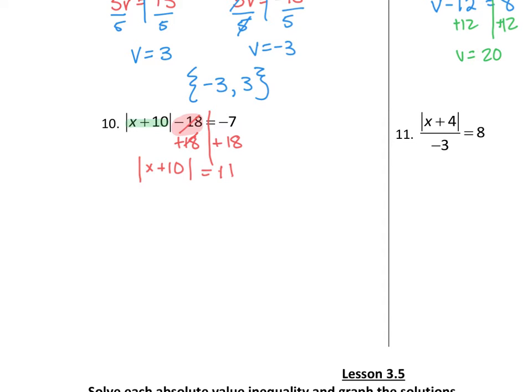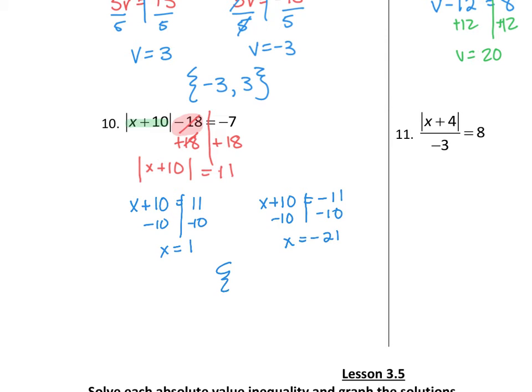Now I'm ready to split this apart into its two possibilities: x plus 10 equals 11, or in the negative direction, x plus 10 equals negative 11. Subtract 10 here. Once again, some of you might be ready to start doing these in your head. So x equals 1, and on this side, subtract the 10, and x equals negative 21. So my solution set is negative 21, 1.